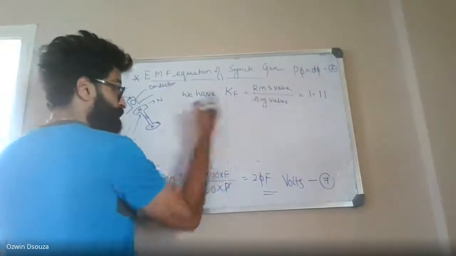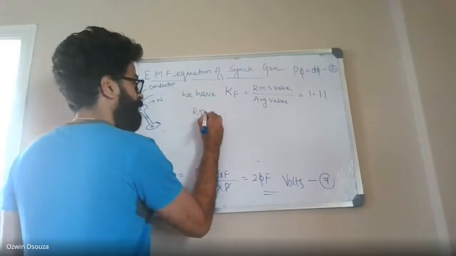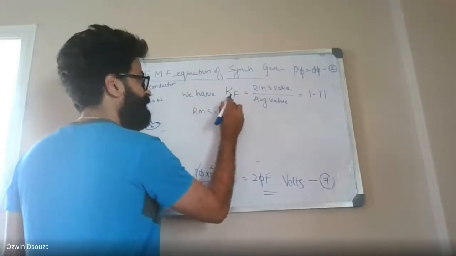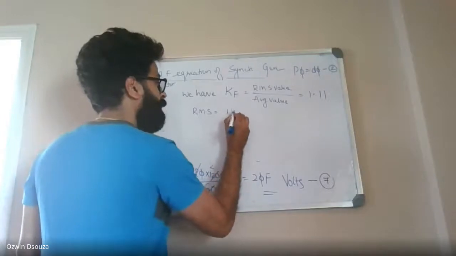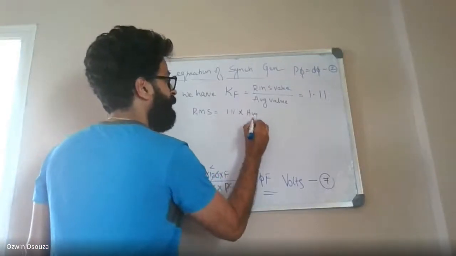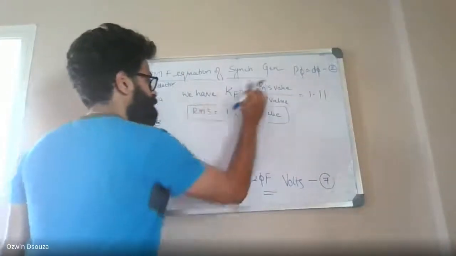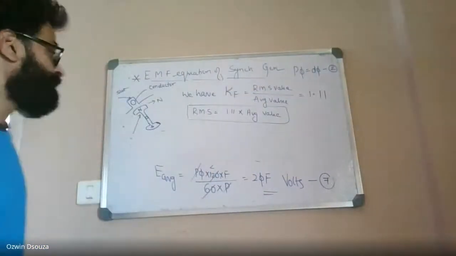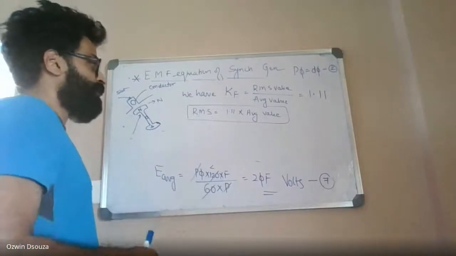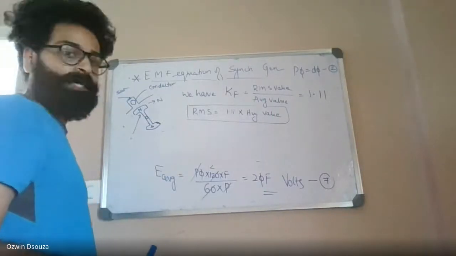So the RMS value is 1.11 times the average value.